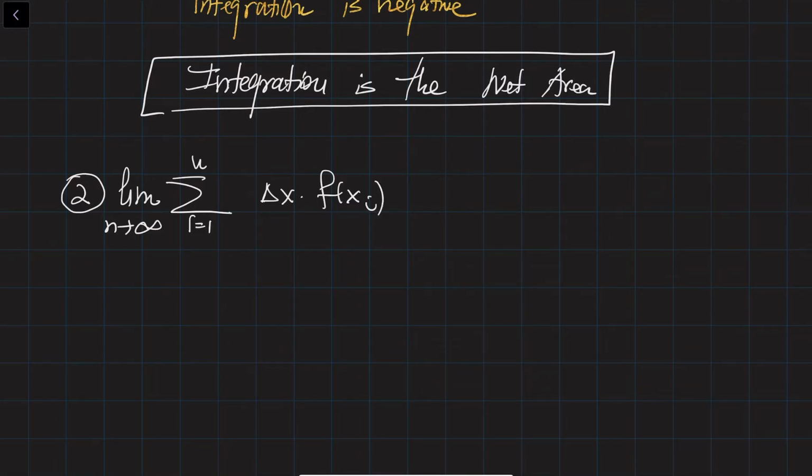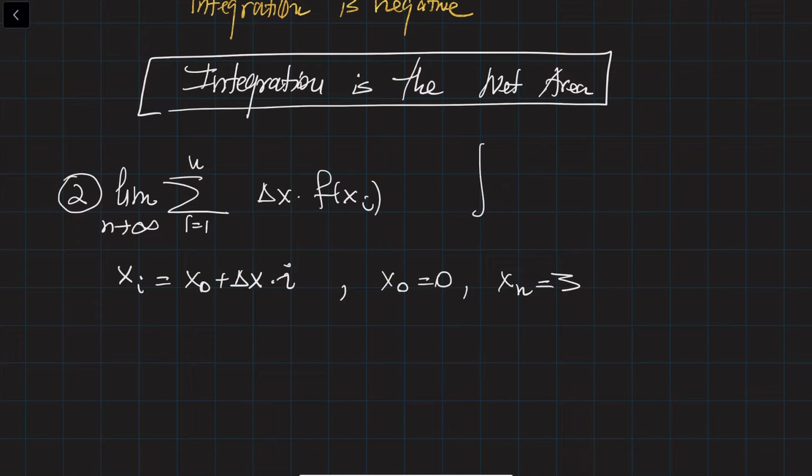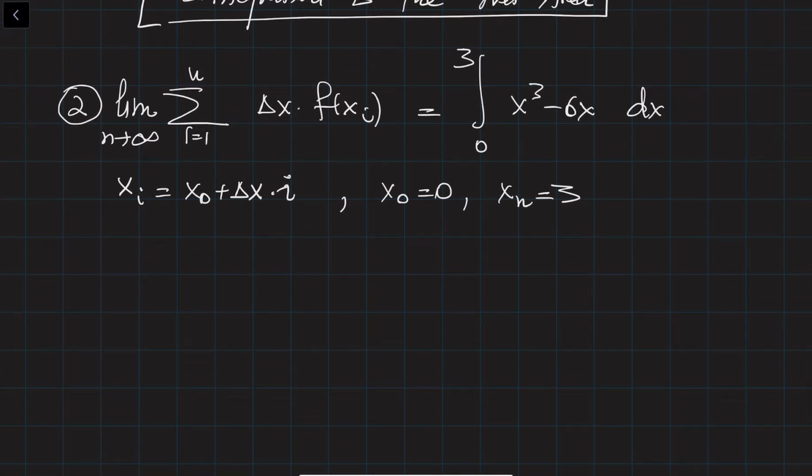So let's figure out the general formula of x_i. So x_i is going to be x0 plus delta x times i, where x0 in our case is equal to 0 and xn is equal to 3. Because if you remember, we still need to integrate the function x cubed minus 6x dx from 0 to 3. So this is going to be equal to this sum when n goes to infinity.